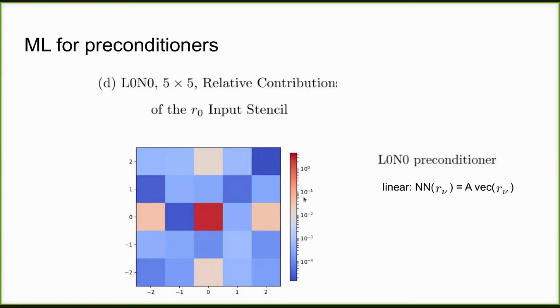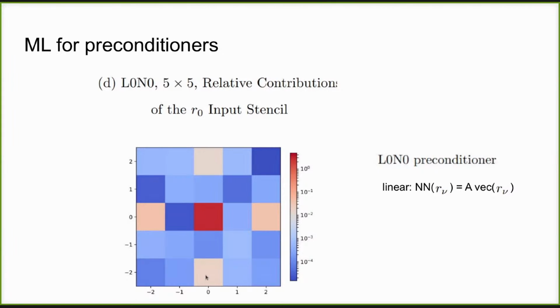So here's the 5 by 5 stencil of the linear operator for the preconditioner that they actually learn. It's just nice to see that this does make sense. These are the mean absolute values, if I understand it correctly. You see that the stencil element for the center, which is the pixel you're trying to predict the difference between the fluid thicknesses for, has the largest value.